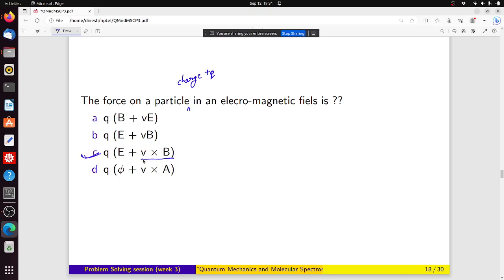It will be V cross B actually. So what is this formula? Do you know what this force is called? Lorentz force. Yes, right. This is called Lorentz force.